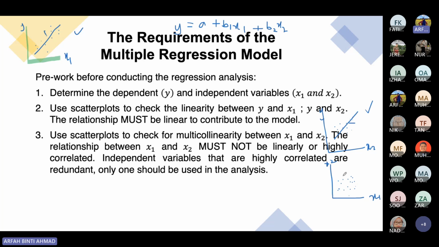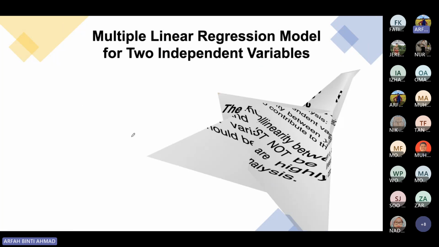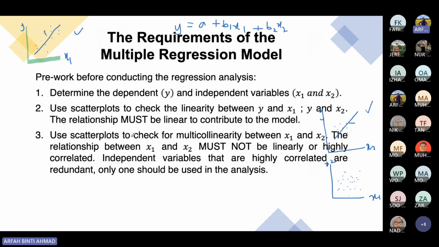There is no single pattern for the relationship between x1 and x2. Then we can say that there is no multicollinearity. No multicollinearity means that there is no interaction between x1 and x2, so x1 and x2 are independent. The value does not depend on each other. Okay. So these are the 3 steps involved before we run the regression analysis. Okay.